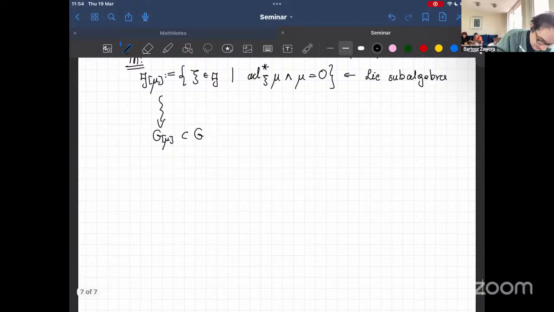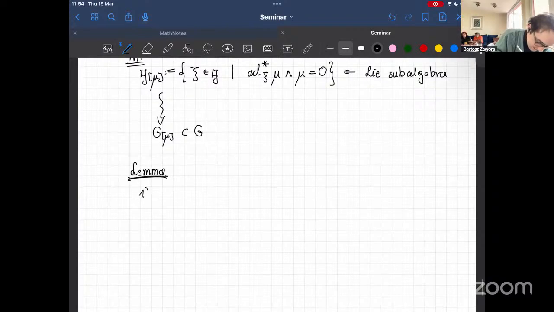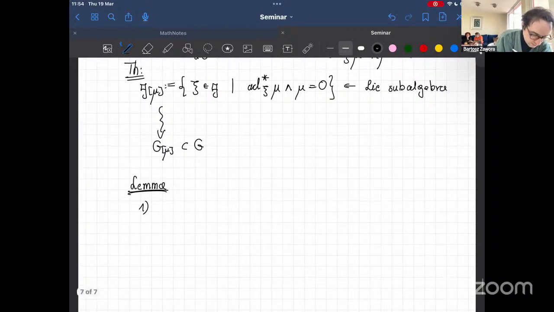Okay, so the lemma for the reduction theorem is as follows. Now that we have introduced this Lie subalgebra, we want to find the relation between the pre-image of R cross mu via the momentum map and the orbits of this subgroup and orbits of the whole group.